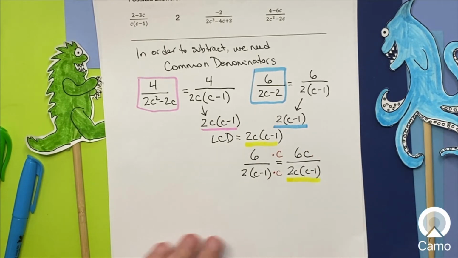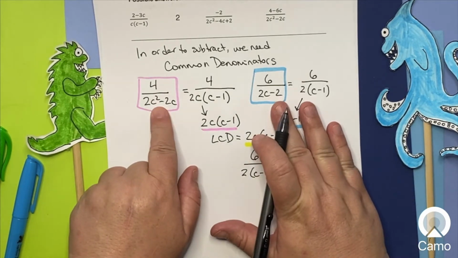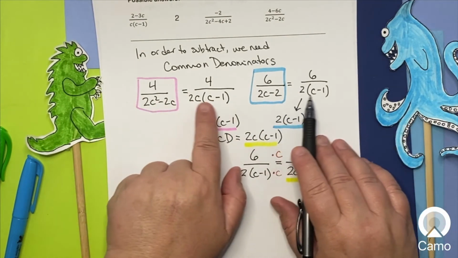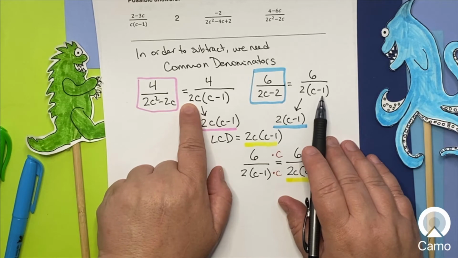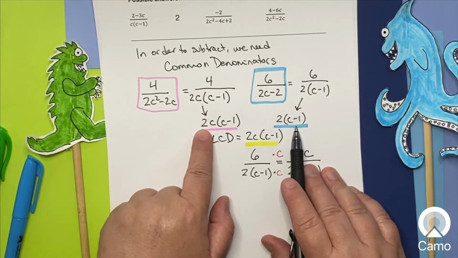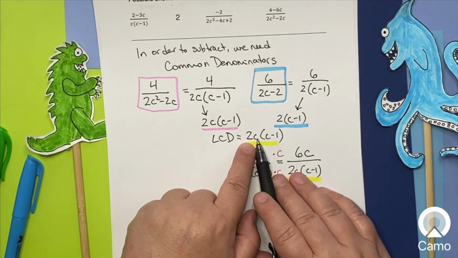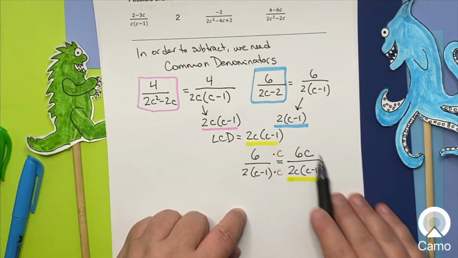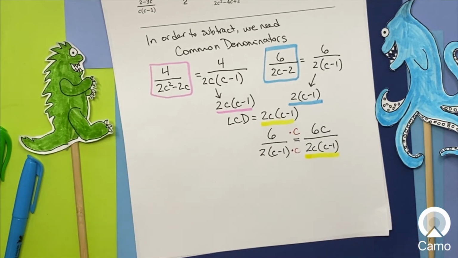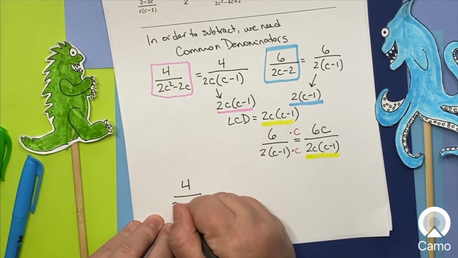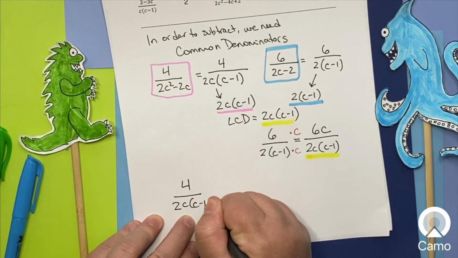So what did I do again? I took my two fractions, rational expressions, and I factored the denominators to see what was going on. And then I compared them, and I realized my LCD doesn't have to be that much different. I just need to stick a c in here, and then I've got it. The pink one doesn't have to change at all.